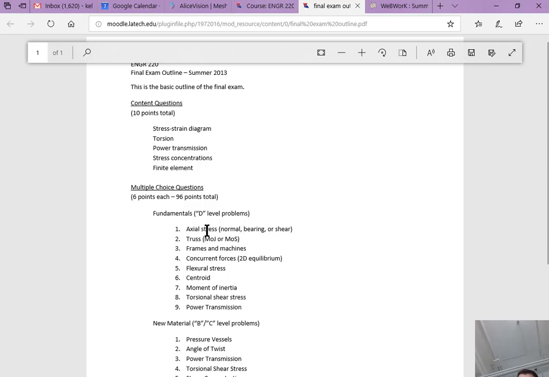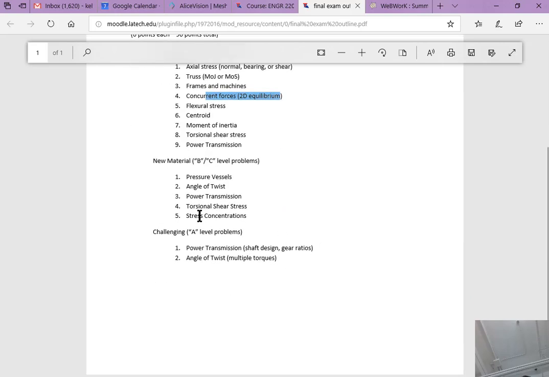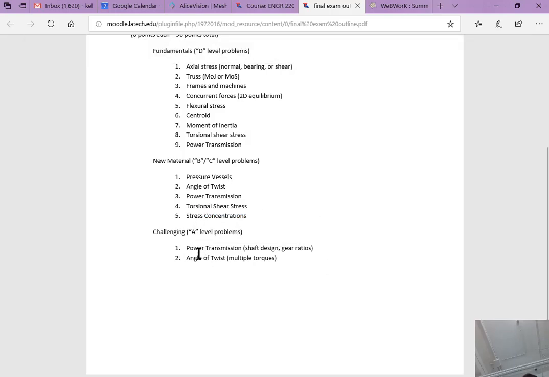So you're going to have stuff going all the way back to concurrent forces, like a 2D equilibrium problem, and then stress concentrations, the stuff we'll talk about tomorrow. What this one doesn't have on it is deflection. I must have had that on exam 2 back then.